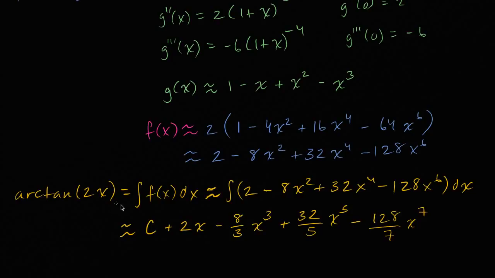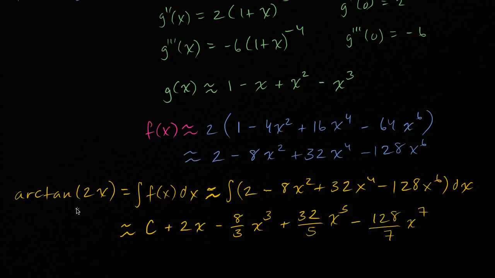But now let's just make sure that our constant is appropriate for arctangent of 2x. This should essentially evaluate to what arctangent is when x is equal to 0. And what is arctangent of 0? Remember, this is centered at 0, so we better get it right there. That's just the most basic thing if we're doing the Maclaurin series representation.